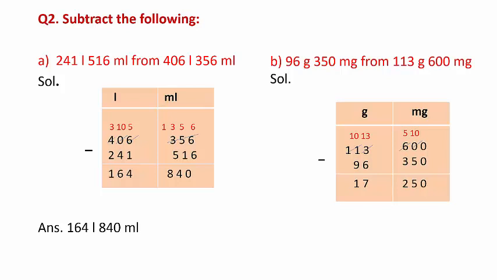Now 600 is a bigger number than 350, so we can easily subtract, and when you subtract you will get 250 milligram. Coming to gram column, 113 gram minus 96 gram will give you 17. So our answer is 17 gram 250 milligram.